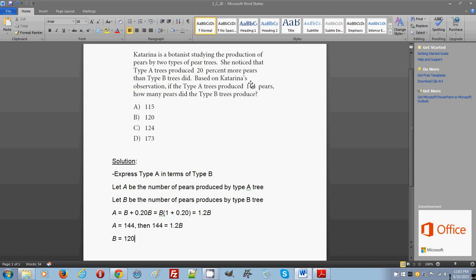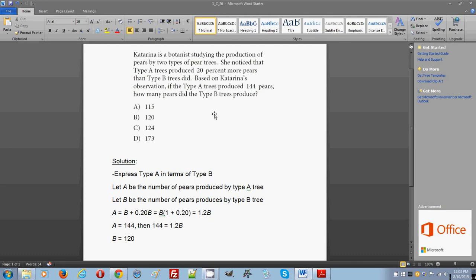Right? So now, we're given that type A trees produce 144 pears. And we're also given the fact that these same trees, type A trees that produce 144 pears, produce 20% more pears than type B trees did. Right? So let's see how we can transform these words into mathematical symbols.